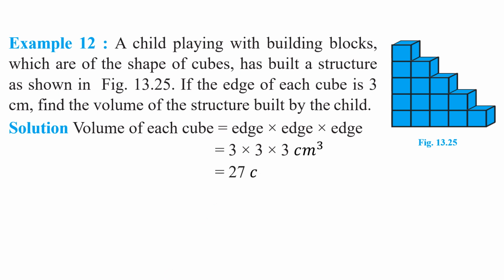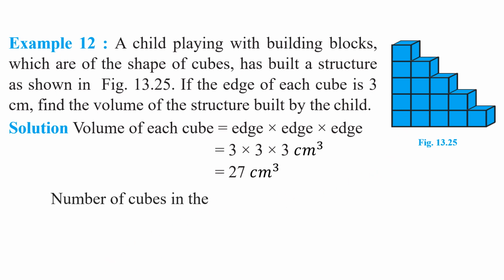That is equal to, by multiplying these three numbers, what will you get? 3 into 3 into 3, 27 centimeter cube. Understood this step, my children? Right. This is the volume of each cube. Okay, my children. Now, how many cubes are there in this structure? Please count them.